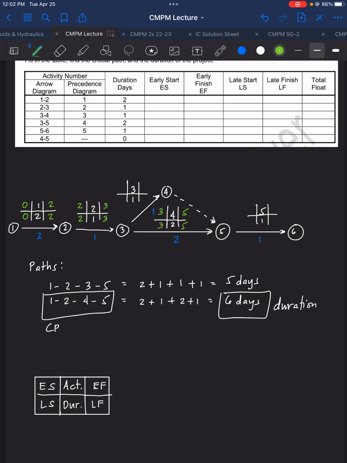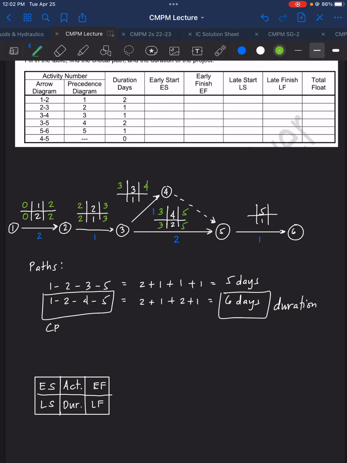And how about activity 3? For activity 3, the earliest start means the earliest time the activity can begin. If activities 1 and 2 finish on time, that will be 3 days, so 3 plus 1 will be 4.